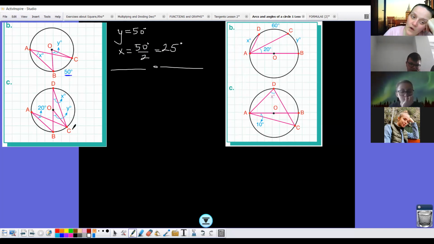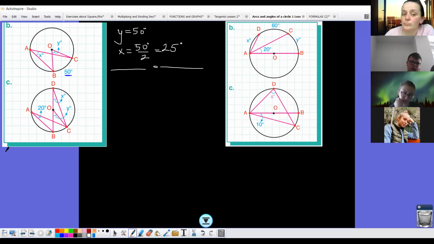Yes, teacher. Okay, here what we have, again we have x, y, and one angle is given as 20 degrees. Look, we have three angles here. If I call them A, O, and D, A is 20 degrees, and all these three angles are intercepting the same arc, BC.